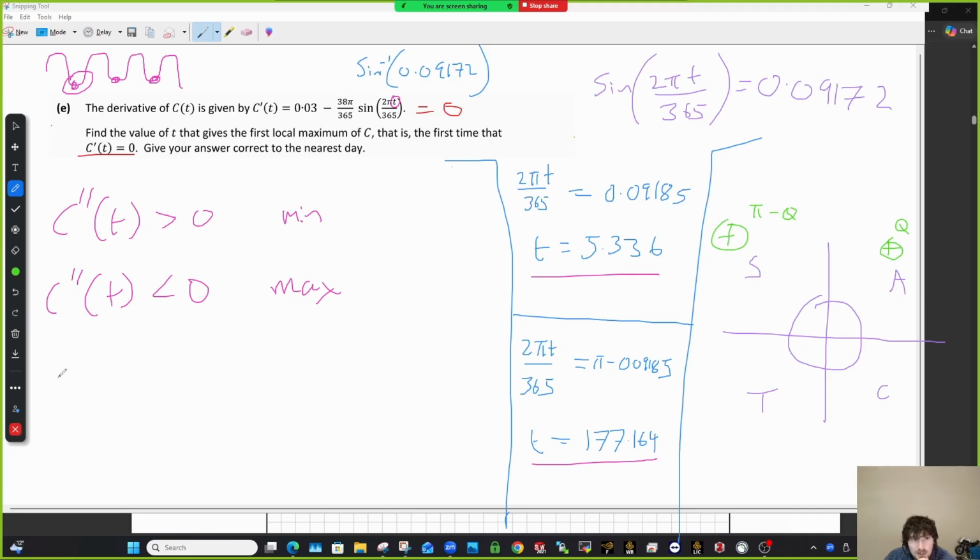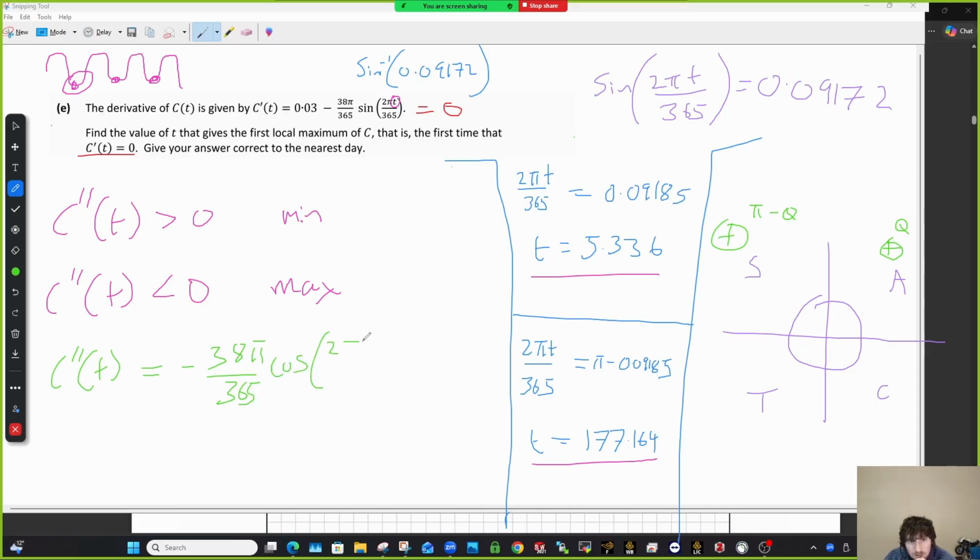So basically we need to get a second derivative of this thing here. So c dash dash t, when you take a derivative of that, it goes to 0. You take a derivative of sine here, it goes to plus cos, and there's already a minus out the front, so this will be equal to minus pi over 365. So sine goes to plus cos, so it's like that.